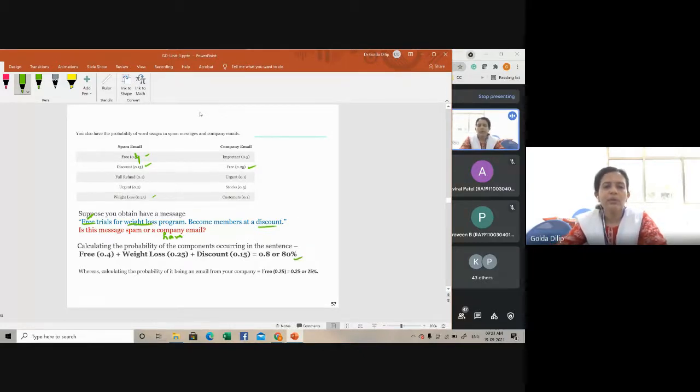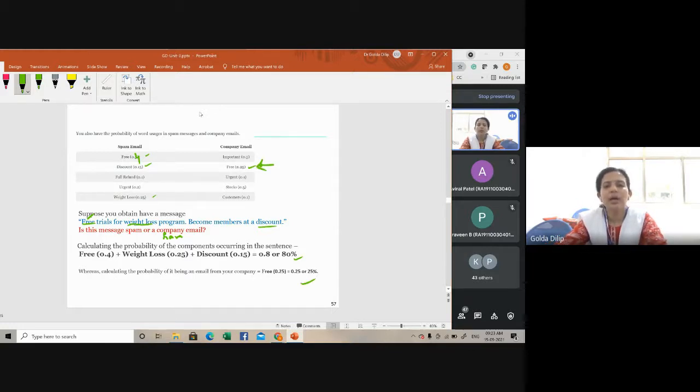This is for spam email. But then when you calculate the probability of email from your company, what are the words which come up? I think it's only free which comes up, right? Weight loss is not there, discount is not there, it's only free which comes as a part of the company email, for which it is 25%.